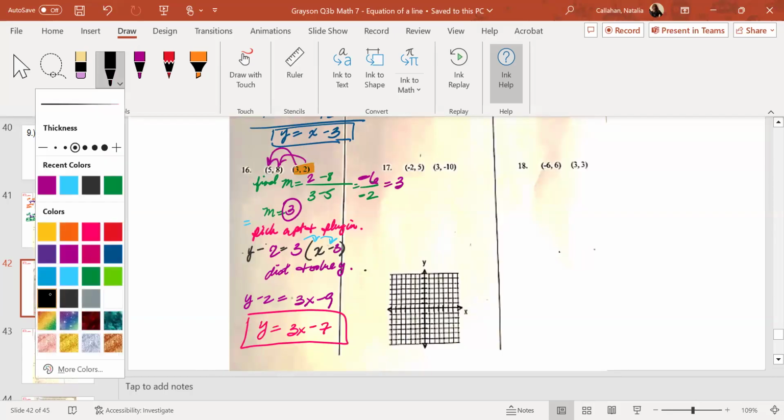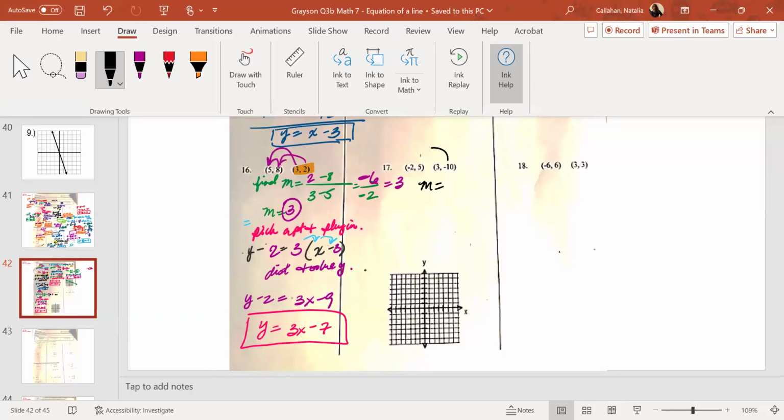What's your slope for number 17? Be careful with this one because I have a bunch of negative numbers. Okay, that's okay. So keep solving it.